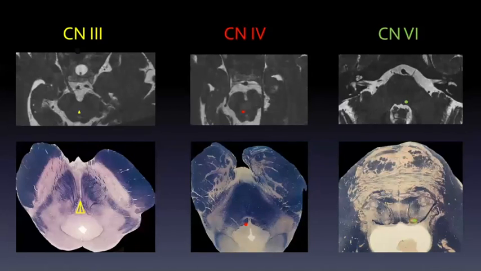Here you can see the cranial nerve 3 at the level of the midbrain, ventral to the cerebral aqueduct at the level of the superior colliculus, cranial nerve 4 just immediately below at the level of the inferior colliculus, and cranial nerve 6 at the level of the facial colliculus, these bumps along the back of the pons at the level of the 4th ventricle.